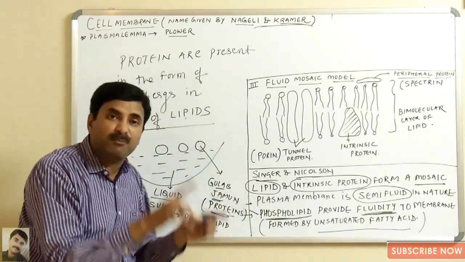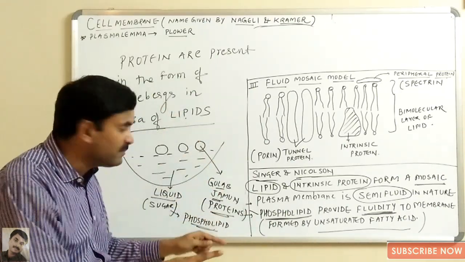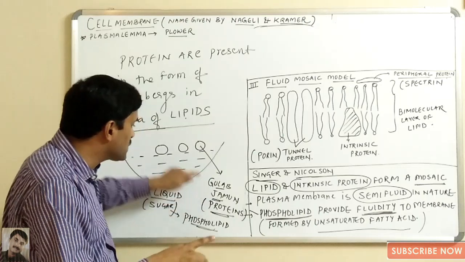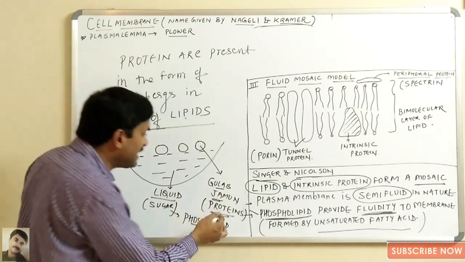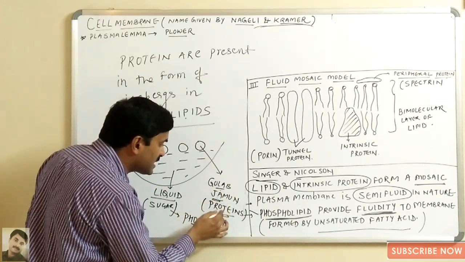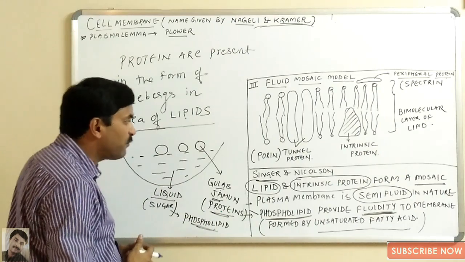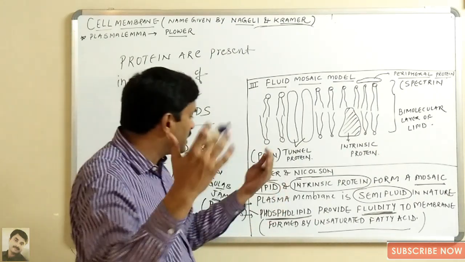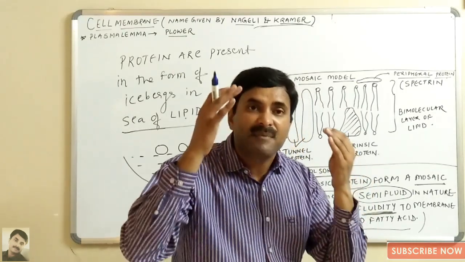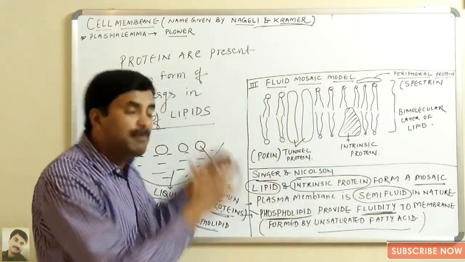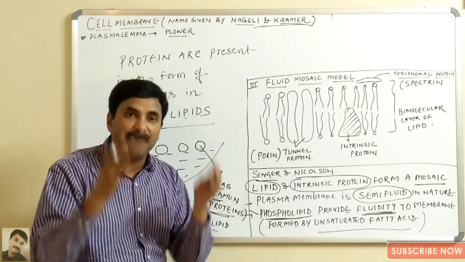So entirely we can say that the plasma membrane is semi-fluid in nature, and the lipids and the intrinsic proteins make a mosaic pattern.